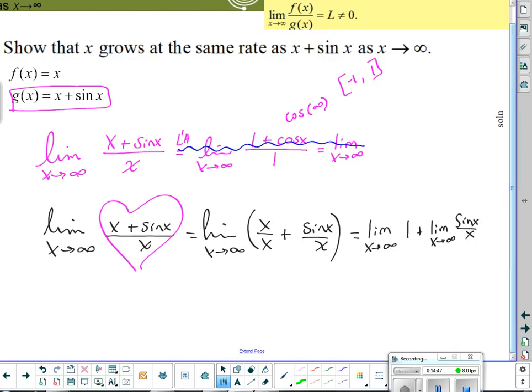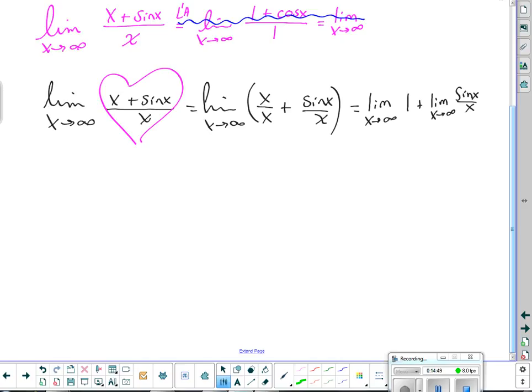First one's easy. How about I do the first one, you do the second one? All right, first one, I'm going to go right underneath it. This we know is 1. The limit as x goes to infinity of 1 is 1. In this one, we can use that same logic about sine, that it ranges between -1 and 1, right? The range of that function is -1 to 1.